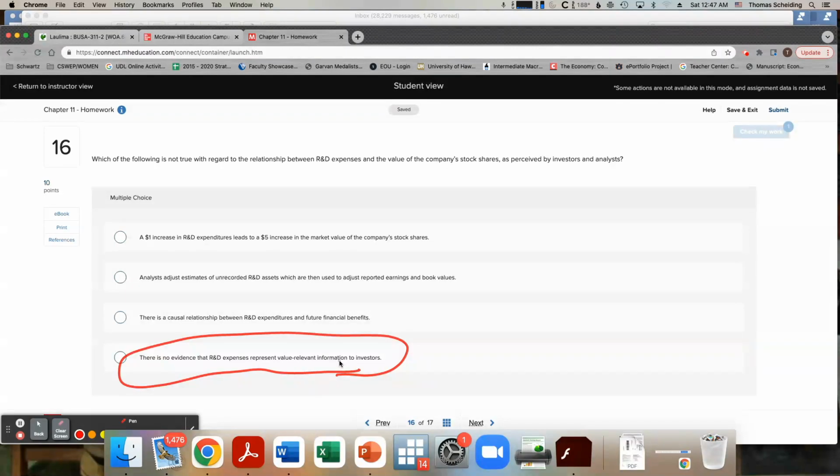It says there is evidence that the level of R&D expenses are relevant to investors. Everything else here could be true or is true. The first one could be true, that $1 in R&D leads to a $5 increase in market value. Yeah, that could be true. Analysts adjust estimates of unrecorded research and development expenses to adjust reported earnings and book values. Yeah. There's a causal relationship between R&D expenditures and future financial benefits. I sure hope so.